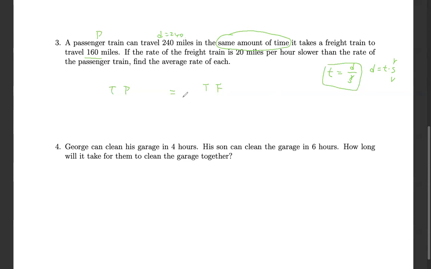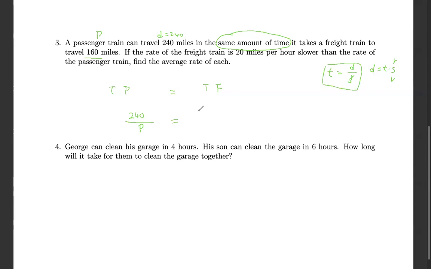So for time, because the 2 times are the same, the passenger train and the freight train use the same time, we have the distance for the passenger train, which is 240 miles, and we don't know its speed. Let's call the speed P. Okay.